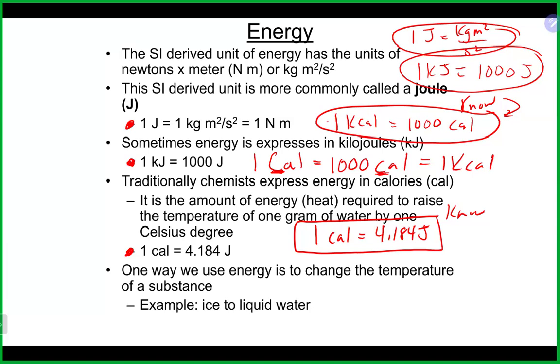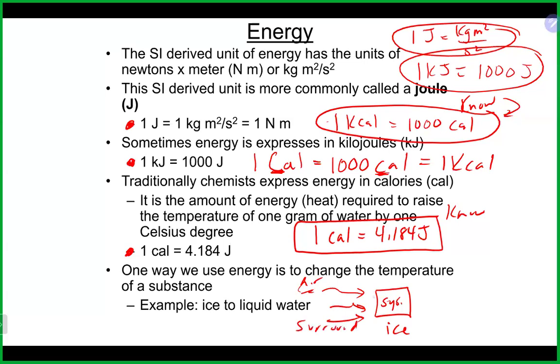So one way that we use energy is to change the temperature of a substance. Again, if we take something like ice and change it to liquid water, there's energy involved in that. Once again, if you had an ice cube, that would be your system, and the surrounding air would be your surroundings.